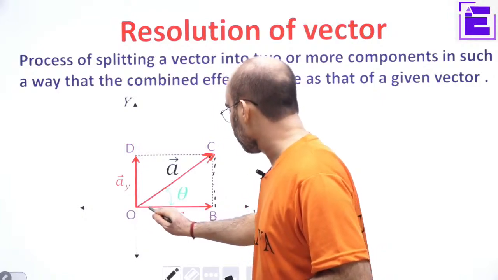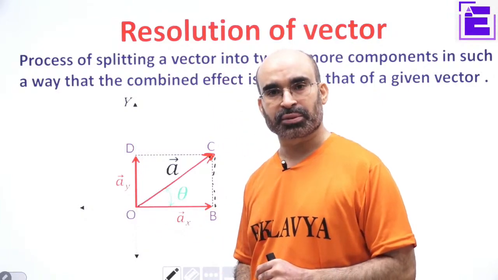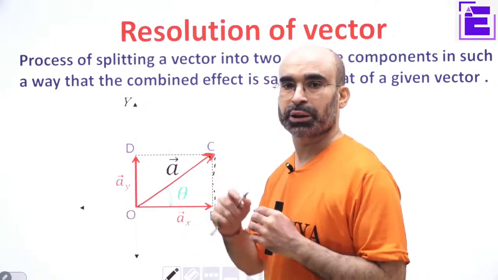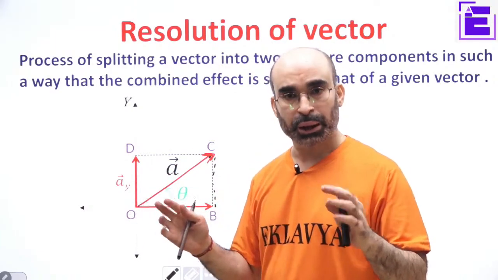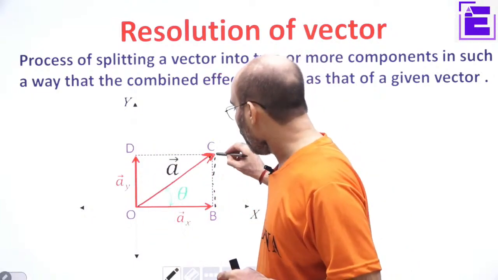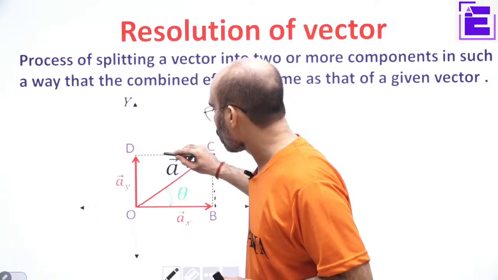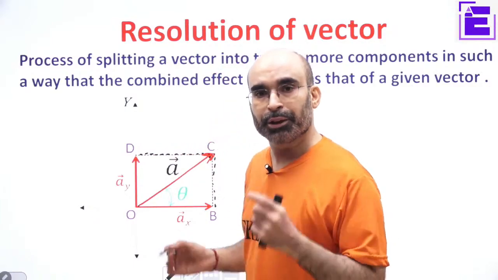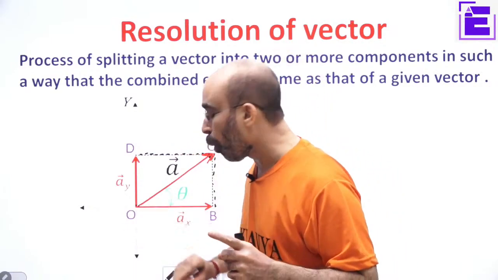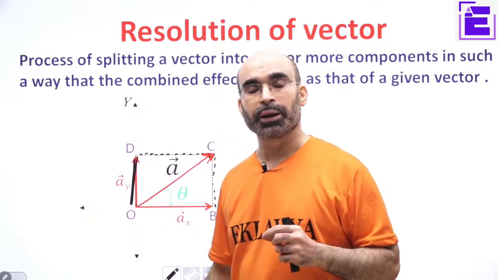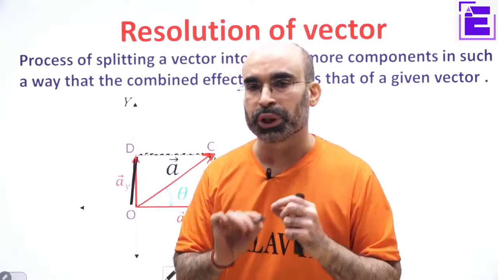Starting from here, if you measure this length, you will get the x component of this vector. Similarly, if you draw a perpendicular from the tip of this vector on the y-axis, and measure from this O, this length would be the y component of vector A.